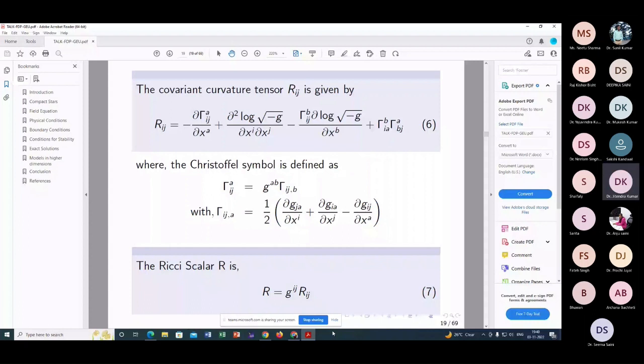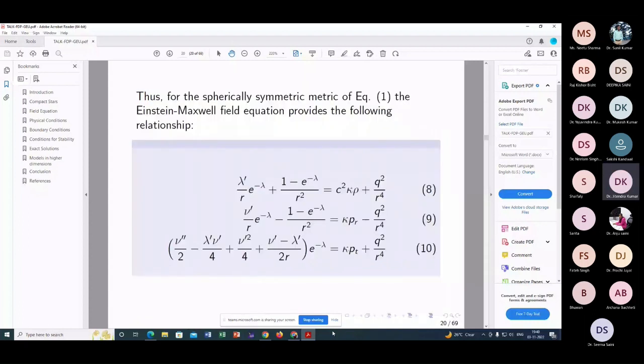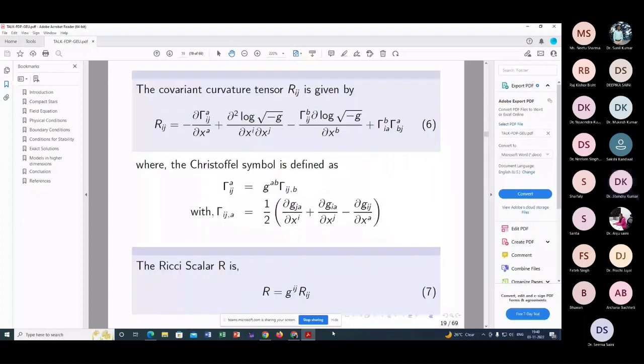We define R equal to g^ij into R_ij, when we take the inner multiplication of two tensors g^ij and R_ij. Here the upper indices and lower indices of the tensors are the same, so when we multiply these tensors, the order of the obtained tensor is reduced by 2.